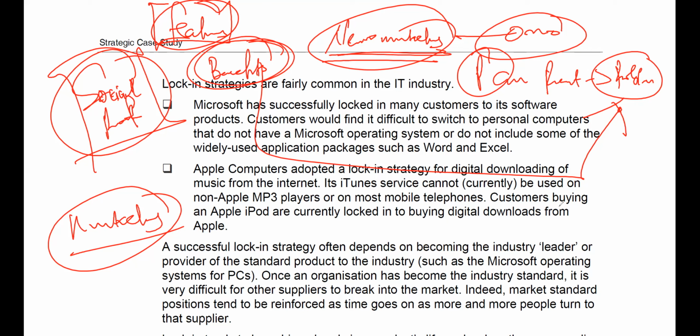That's a lock-in strategy. Apple computers adopted a lock-in strategy for digital downloading of music from the internet. Its iTunes service cannot currently be used on non-Apple MP3 players or most mobile telephones. Customers buying an Apple iPod are currently locked in to buying digital downloads from Apple only. That's a lock-in strategy. Do you get the idea?